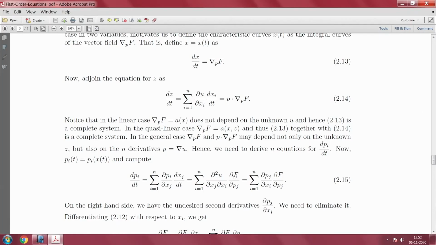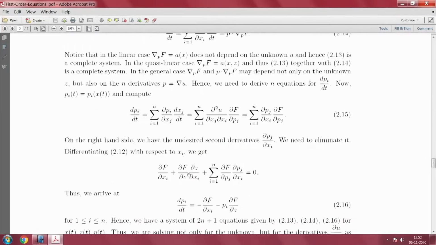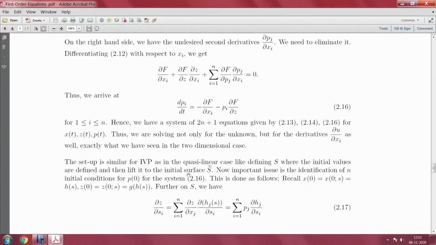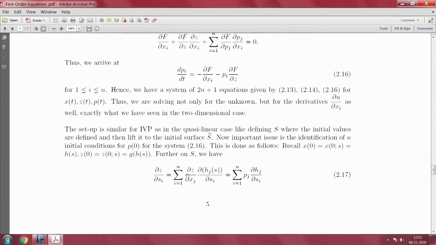So, these are additional things. Now, there are 2 n plus 1 equations and 2 n plus 1 unknowns. What I would like to draw your attention to is this strip condition.